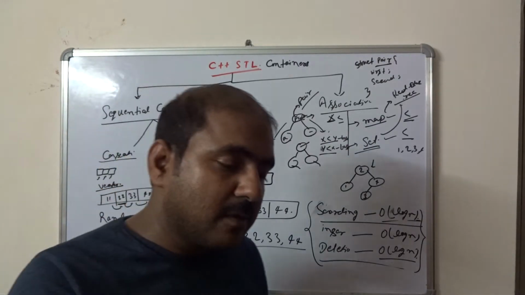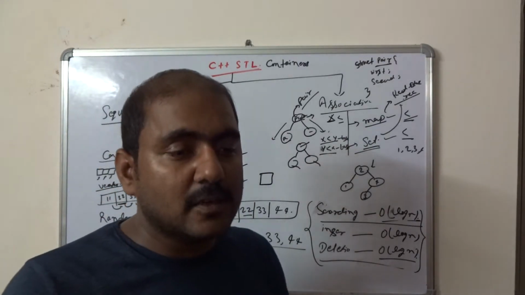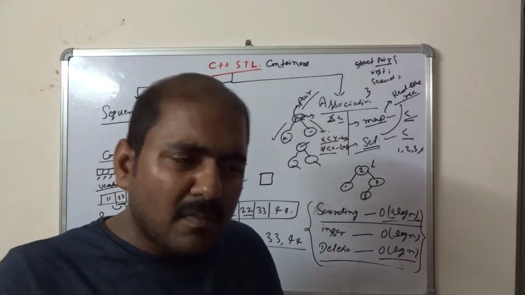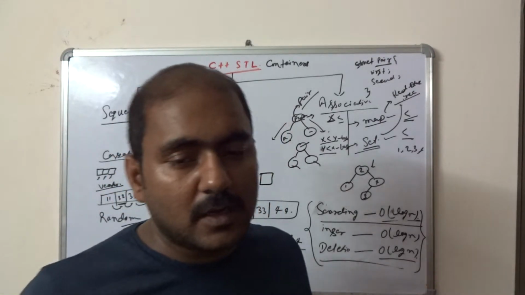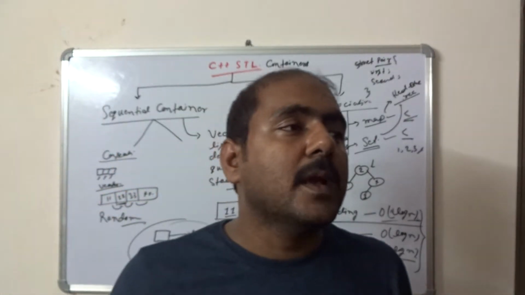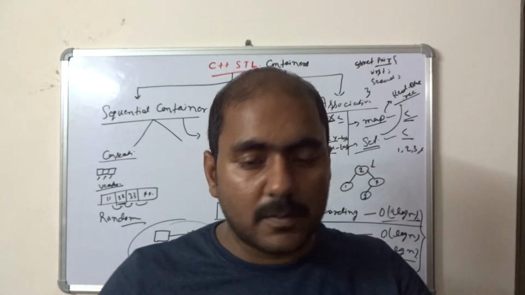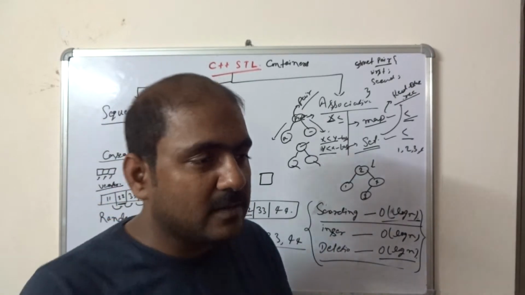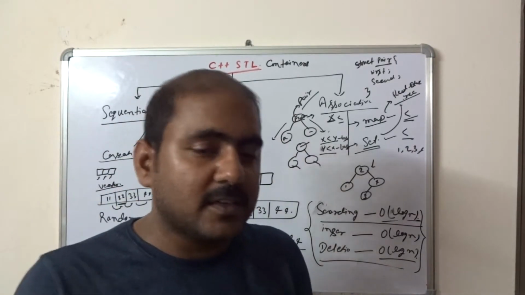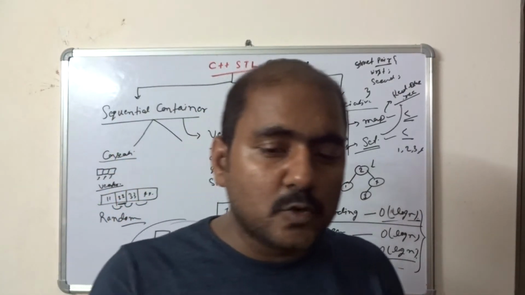One major problem with vector is relocation. Young programmers always start using vector because it is very easy to add. They are familiar with it because they came from the array background, from the C background, and they know that vector is a replacement of array in C++. They start using it.